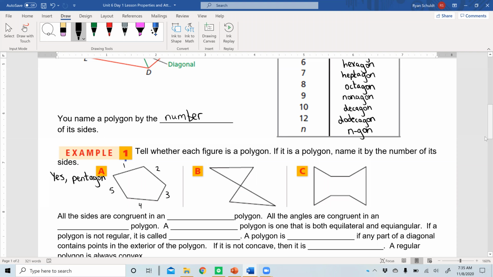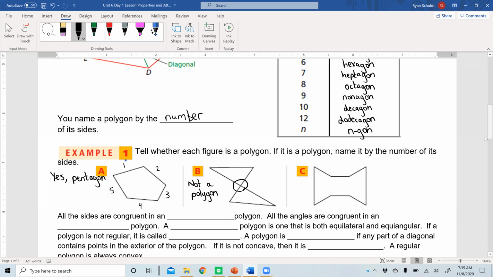What about B? We cross in the middle. So is this one? No. Not a polygon. What about the next one? Well, they all have straight sides. They all meet only at their endpoints.